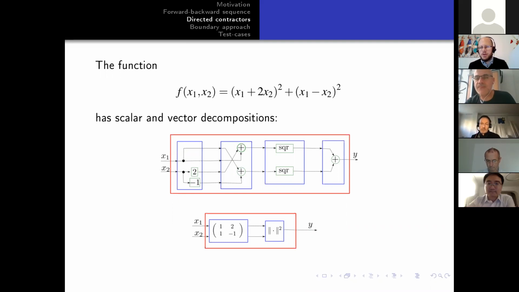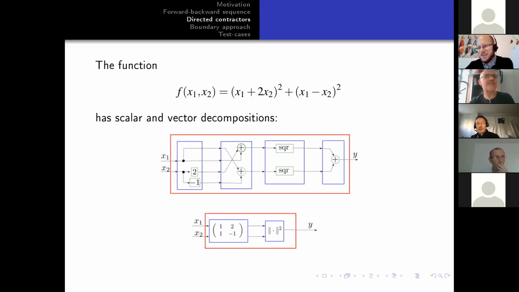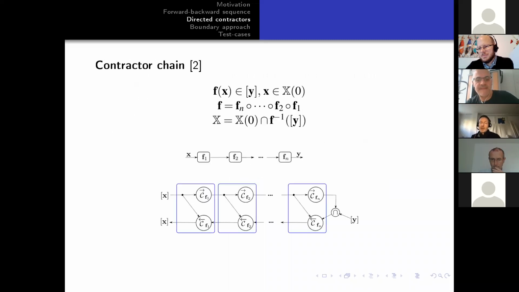Okay, do we have any further questions? I have one, but it's really an open question. If I understand well, Luc, you put a color tag according to the fact that the face of the box is outside or inside.